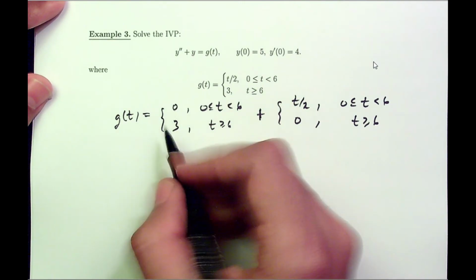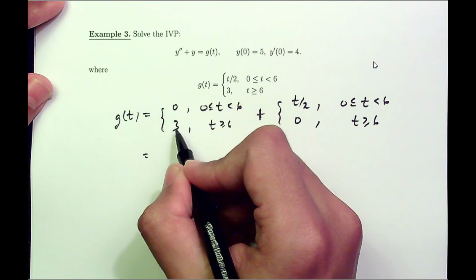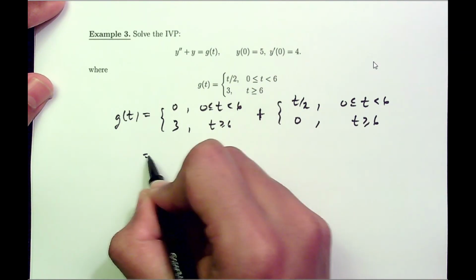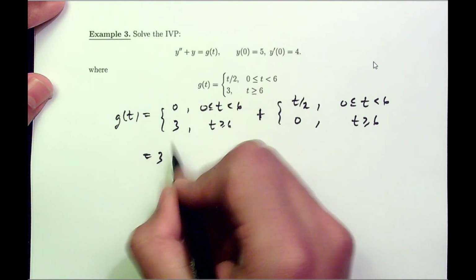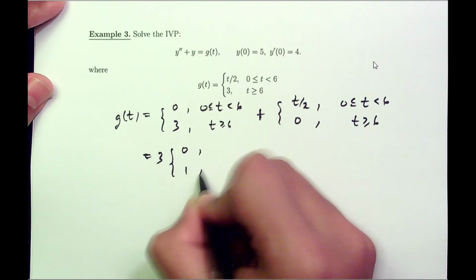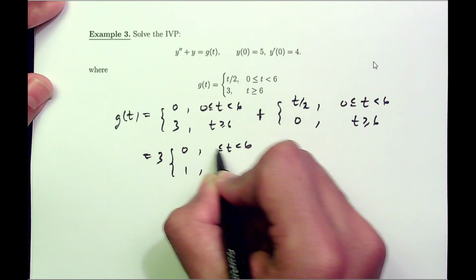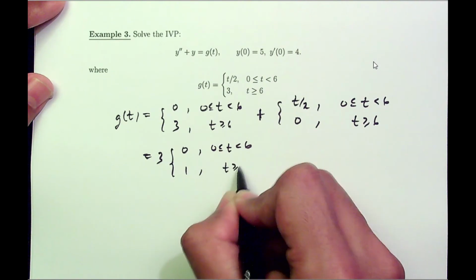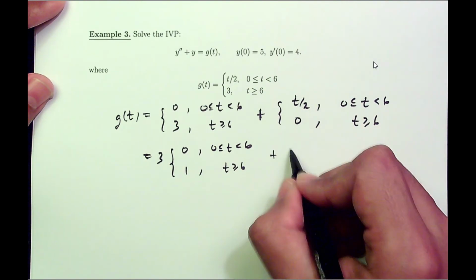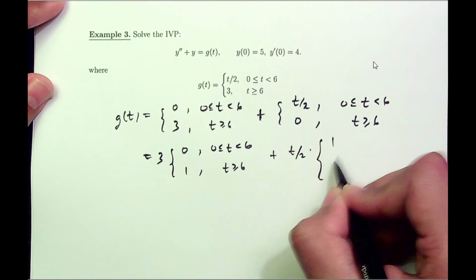Then you can do the trick we did before, factor out the non-zero term. So I'm going to factor out 3 from both of them. So this is 3, 0, 1. And then here factor out the t halves. So this is 1, 0.